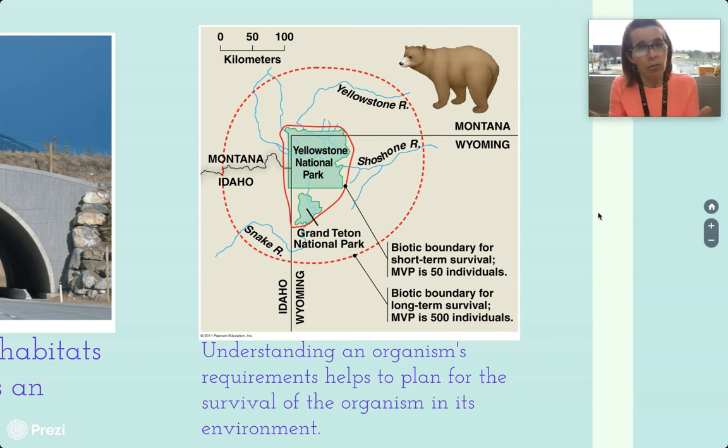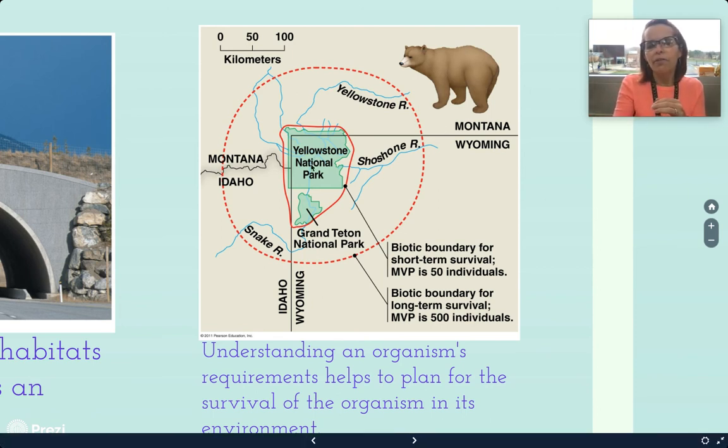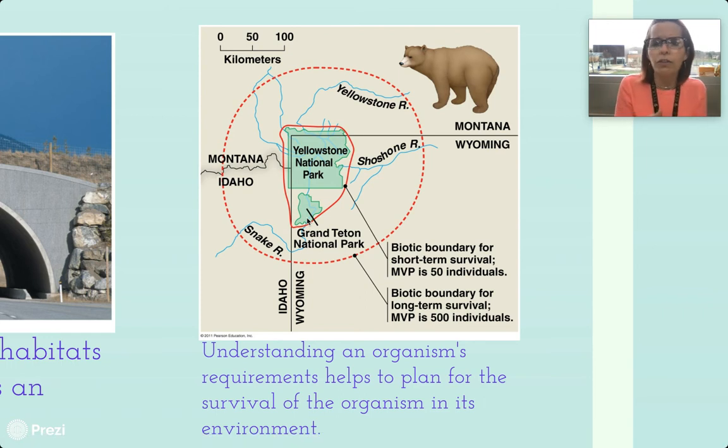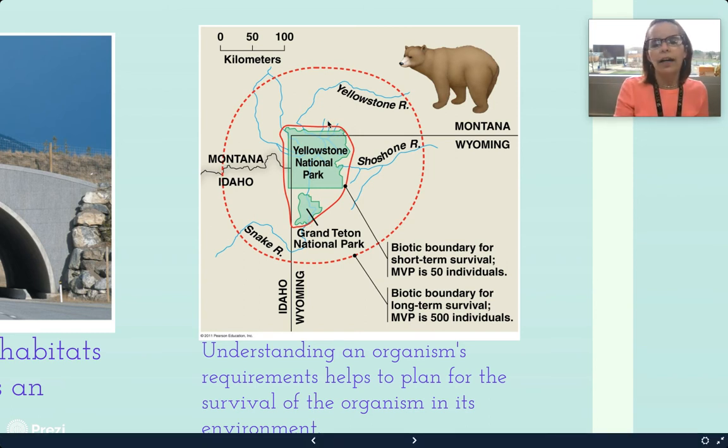There's no corridors for the animals to go from one to the next. So for example, we have Yellowstone National Park and we have Grand Teton, but there are highways, farmlands, ranches in between the two. And so it doesn't allow safe passage for the grizzly bears to go from one to the next.